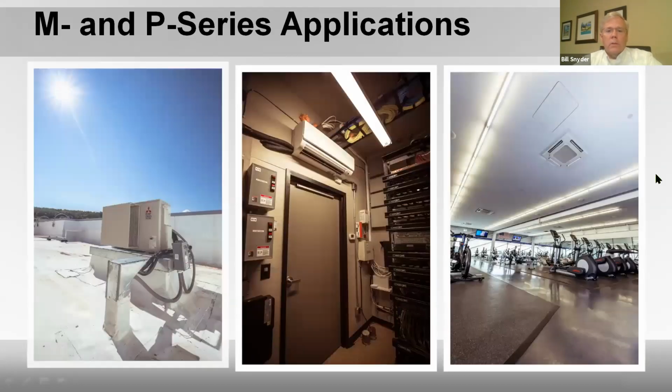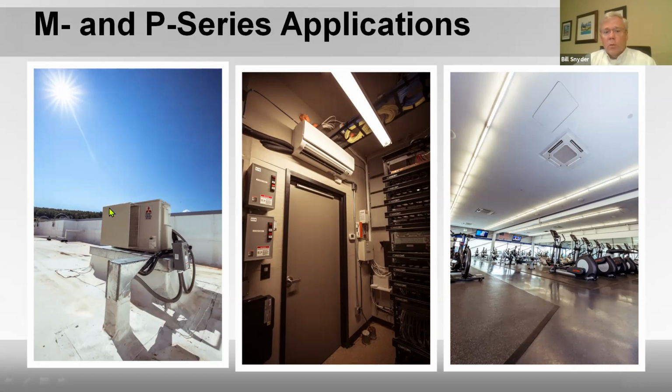Let's look at something else here. Over here on the left is just an outside unit sitting up on a platform, because it's obviously a rooftop installation. If this was a heat pump, this is a very bad application, because when it goes into defrost, the water will hit this pan and freeze, and you will end up ruining the bottom of the unit and destroying the coil.